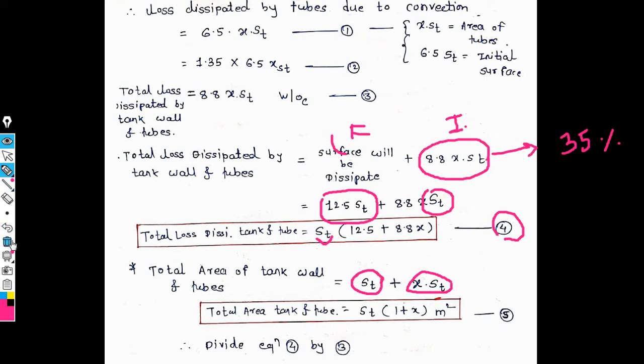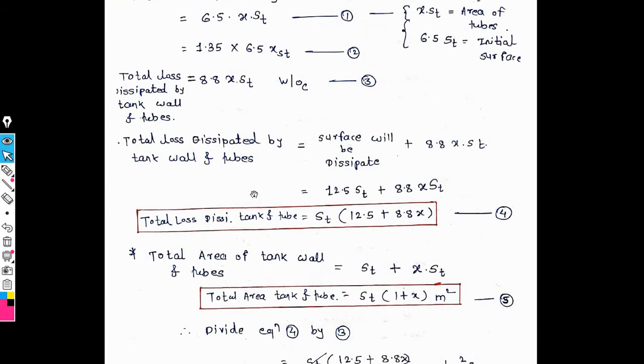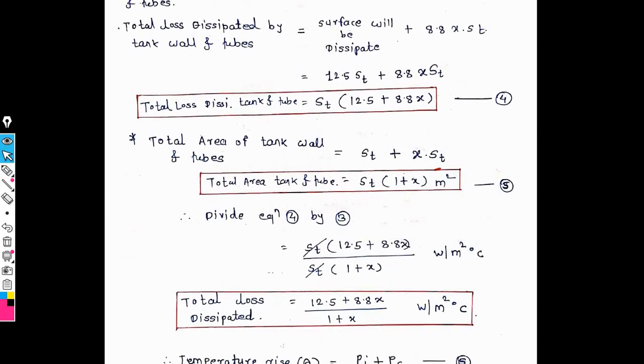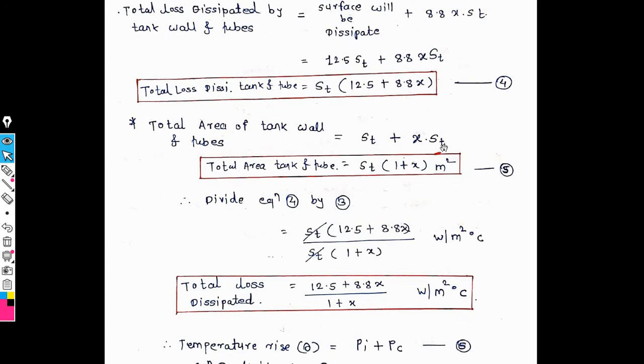Then we need to calculate equation number 4 divided by equation number 5. Equation 4 as it is, that is ST into bracket 12.5 plus 8.8x, upon ST into 1 plus x, which is equation number 5. Then ST gets cancelled. Then the total loss dissipated is equal to 12.5 plus 8.8x upon 1 plus x, watt per meter square degree Celsius.